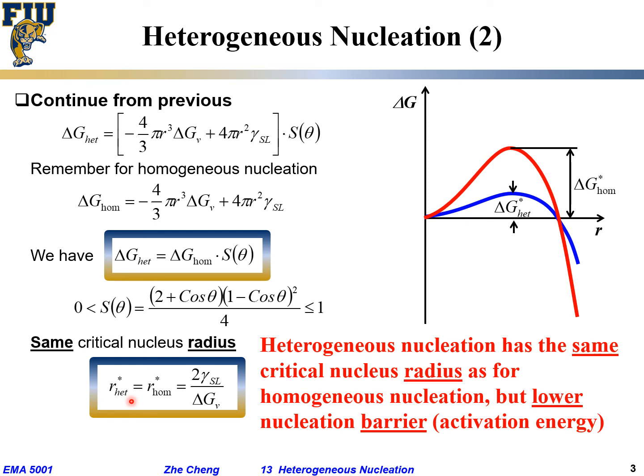They would have the same value. But the heterogeneous one would have much lower activation energy or barrier for any cluster, right? It's much easier for the system to overcome this than the red one, the homogeneous one. Okay? Question?